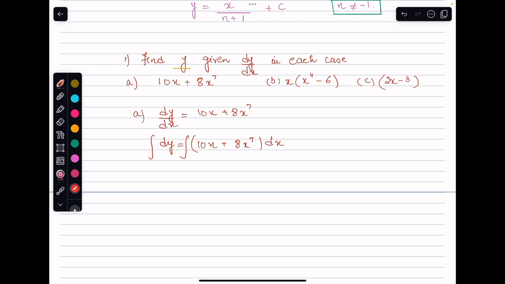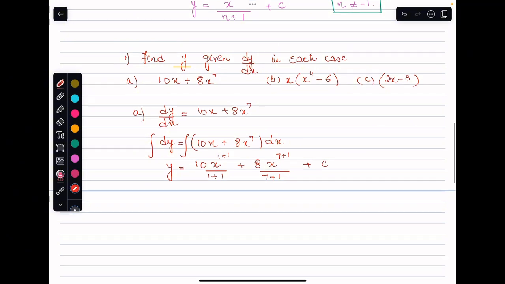The integral of dy is just y, and this then shall be equal to 10x, the power is 1, I should be adding 1 here, and I should be dividing it also by 1 plus 1, which is 2. And then for the second term, it's 8x to the power 7, again adding 1 to 7, and then dividing it by 7 plus 1, and then I should be adding this constant c here.